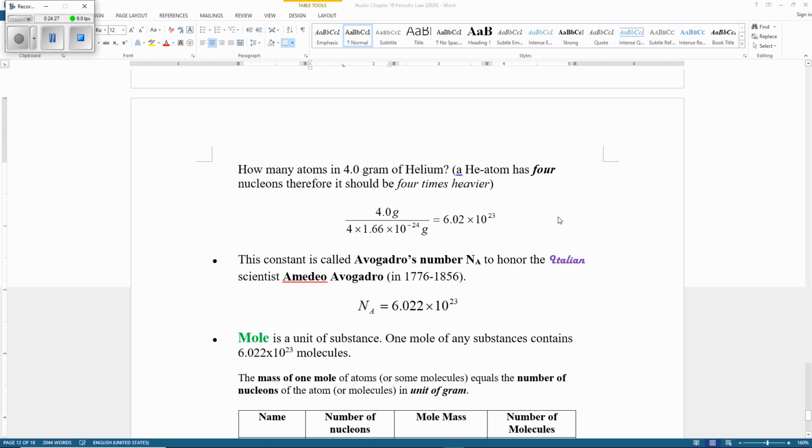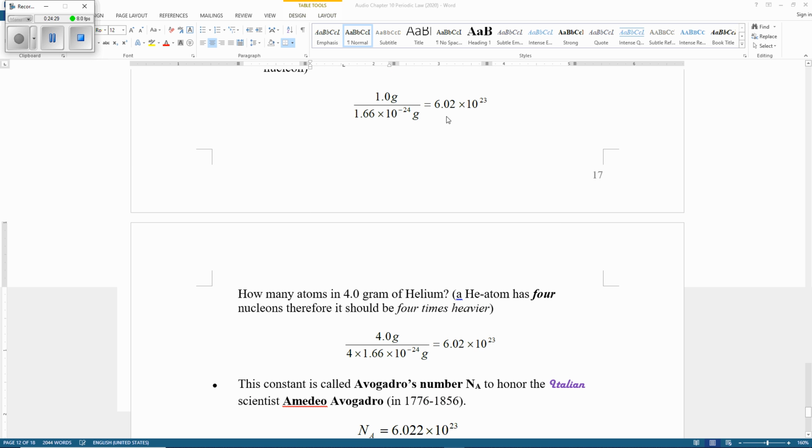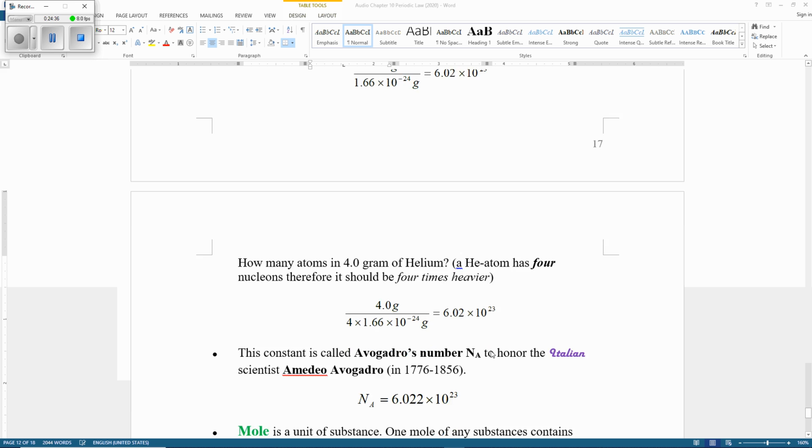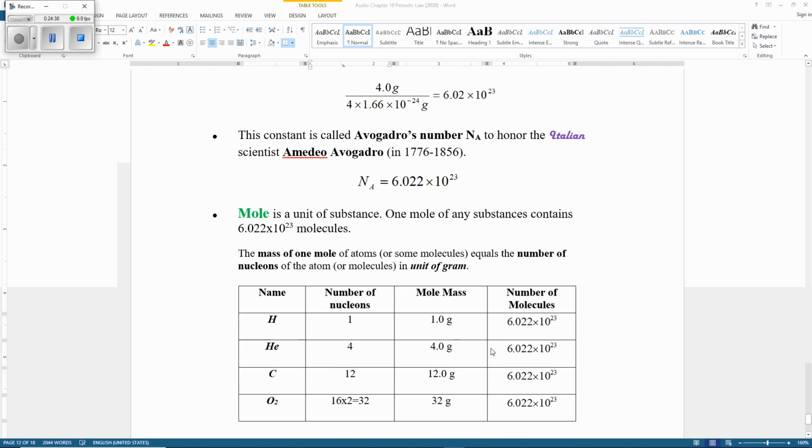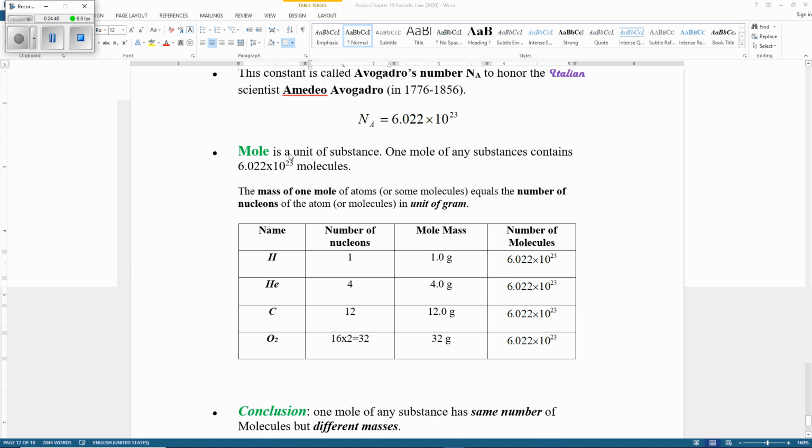Let's say 1 mole of hydrogen and helium, same number, of course different weight. Let me read again: mole is the unit of substances. 1 mole of any substance contains the same number of molecules. 1 mole of hydrogen, oxygen, anything, mercury, they have the same number.